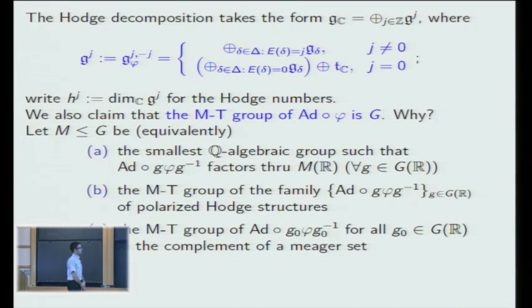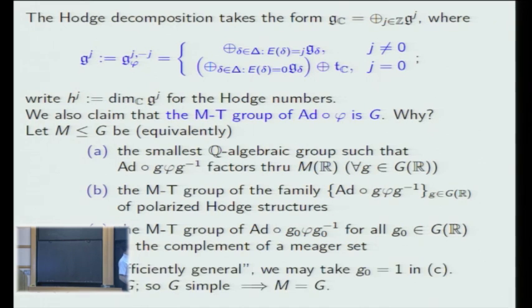And so the point is, because I chose phi sufficiently generic, this is the Mumford-Tate group of phi, and on the other hand, this is normal inside G. And so since G was assumed simple, see, I'm cheating on many levels, but this is one way to do this.